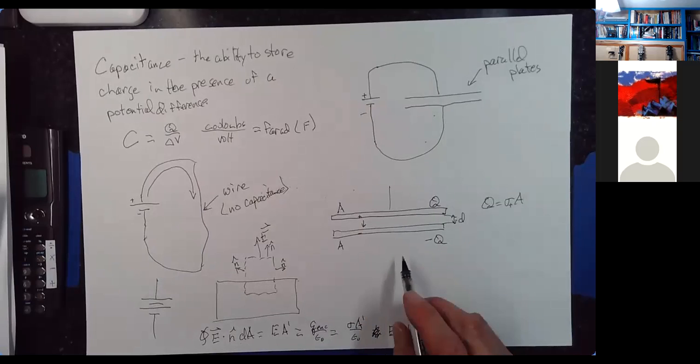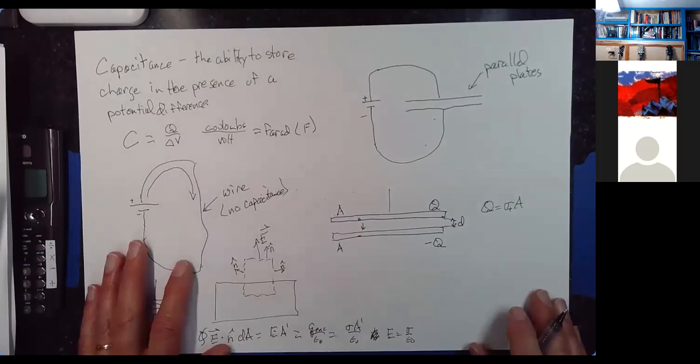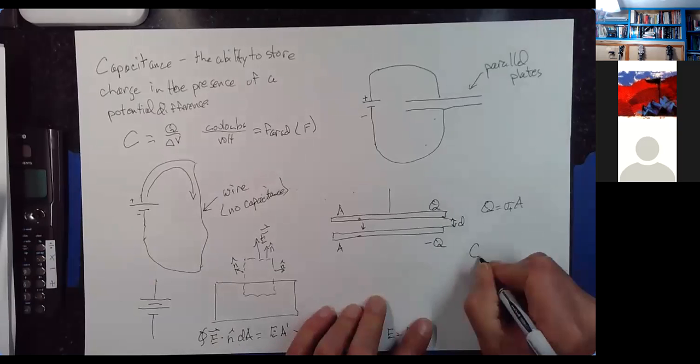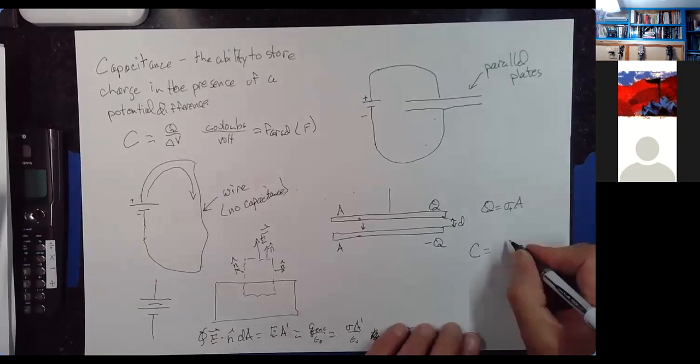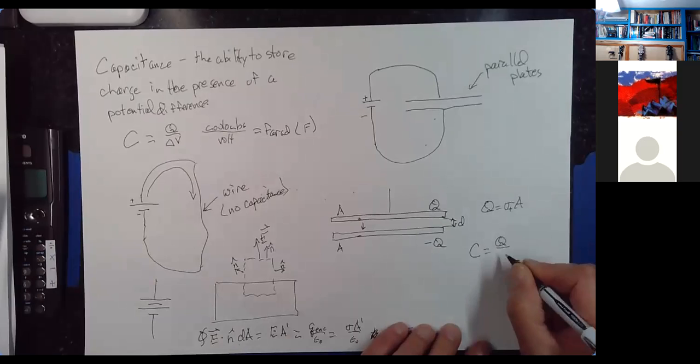So the minus Q is going to be sigma minus times A. And let's see what we can do with this. The capacitance of this device will equal the amount of charge on it divided by the potential difference.